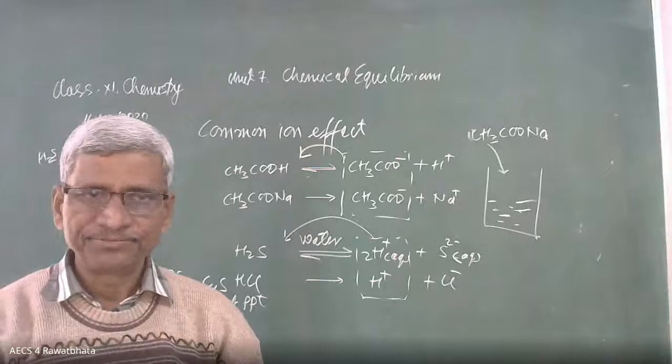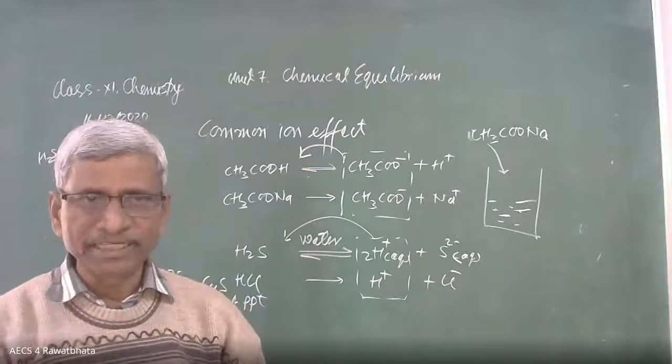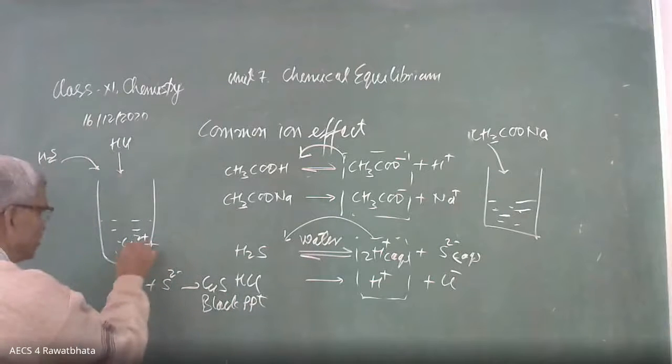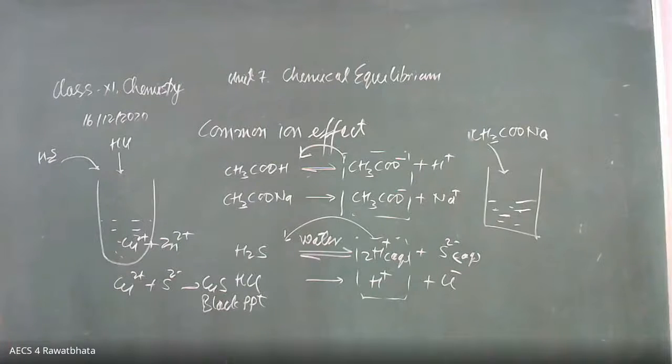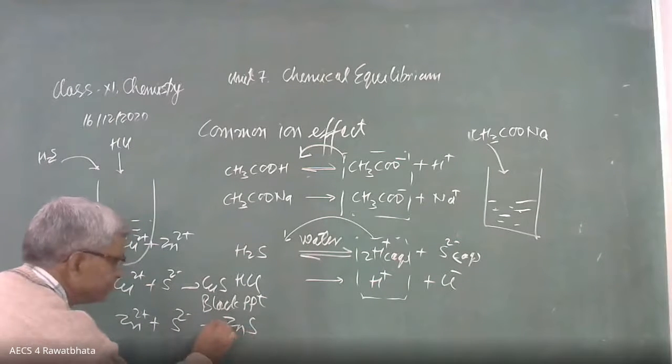Okay, beta? Suppose copper ion and zinc ion both are present in the solution, a mixture is given to decide. Zinc 2 positive is also going to form a precipitate of zinc sulfide, ZnS.